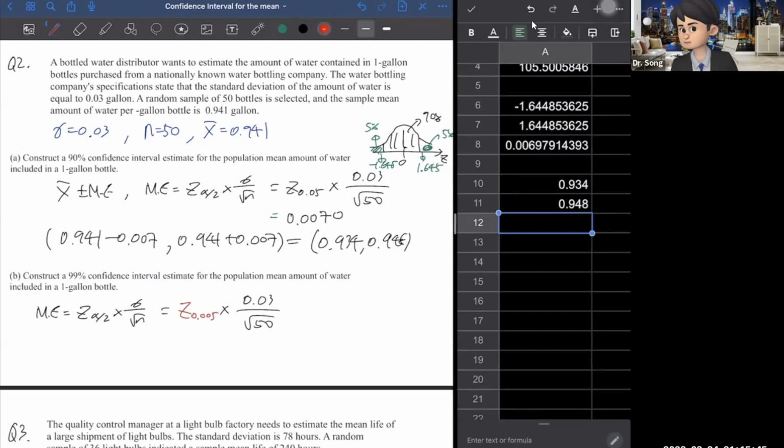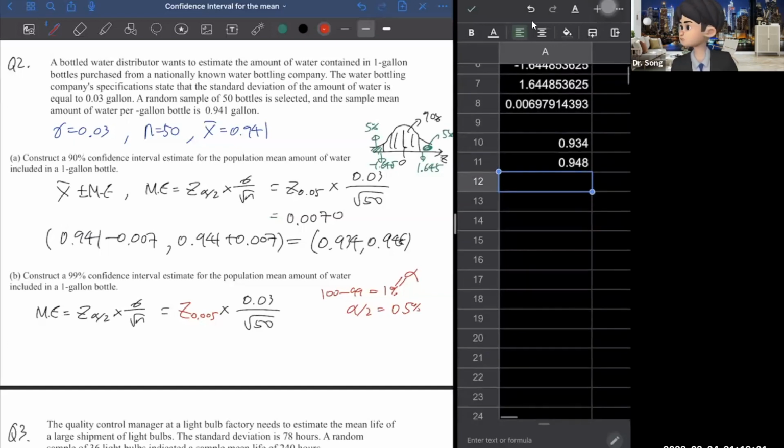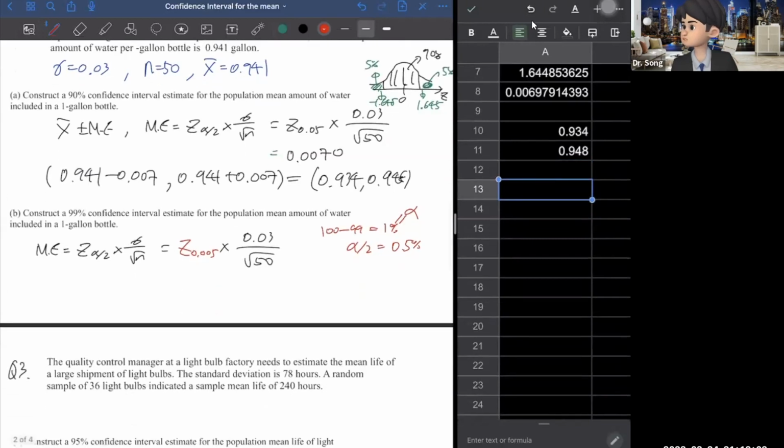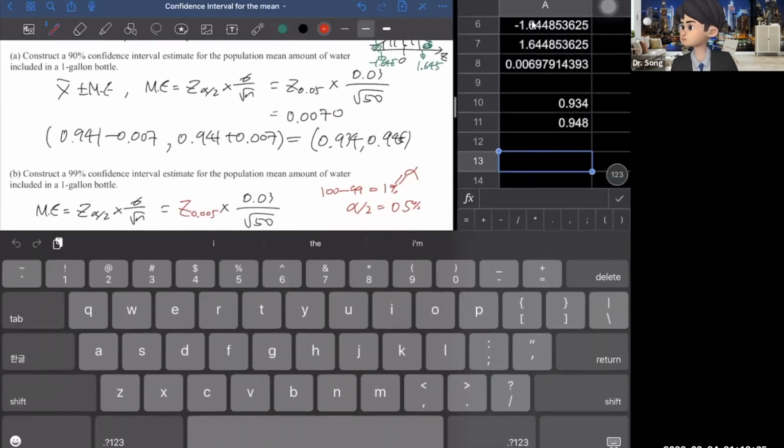Why is that? Well, 100 minus 99% is 1%, and you divide by 2, then alpha over 2 is 0.5%. And 0.5% is basically the same as 0.005. So then let me calculate this Z 0.005.